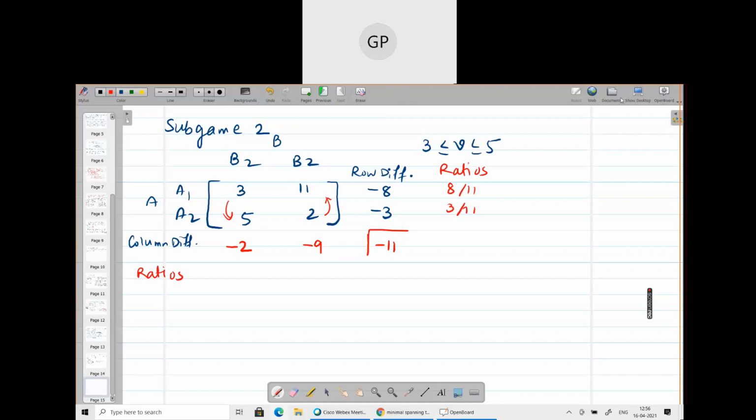Tell me the ratios. Minus 9 by minus 11. Ma'am, we write the ratio opposite, no? No, probabilities. Probabilities are written opposite. Ratios are written opposite to get the probabilities. Understood? Yes, ma'am. I am doing the algebraic method.